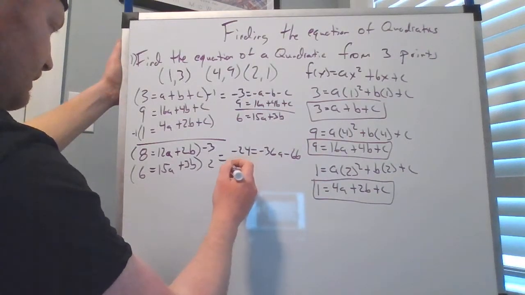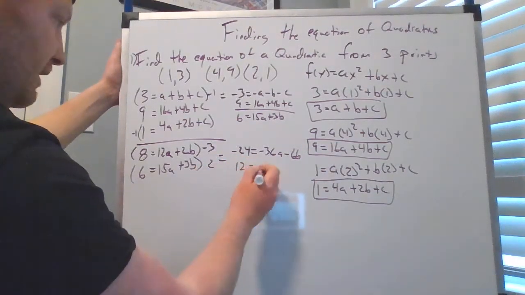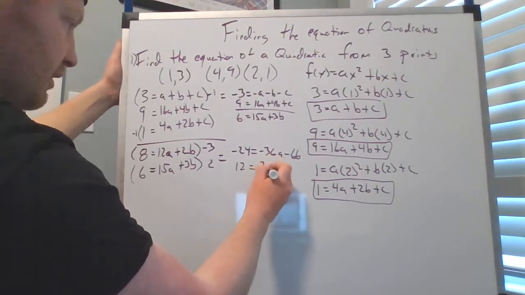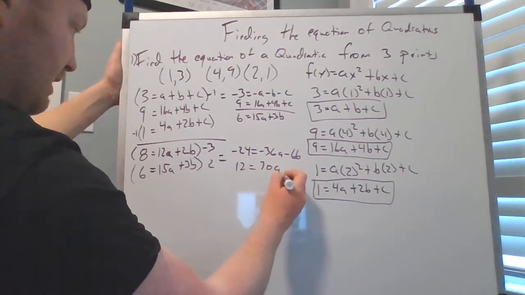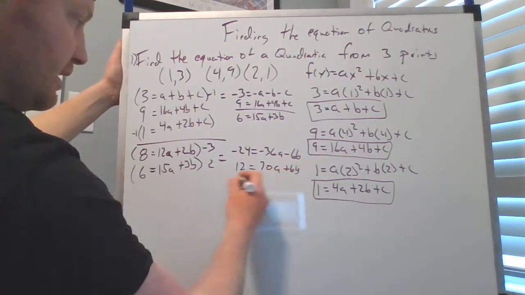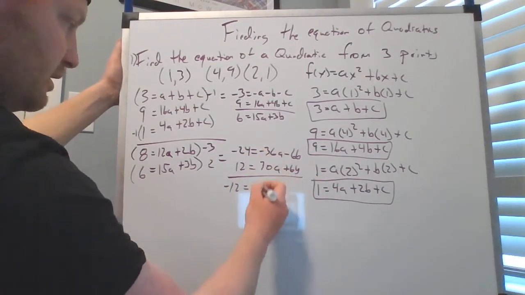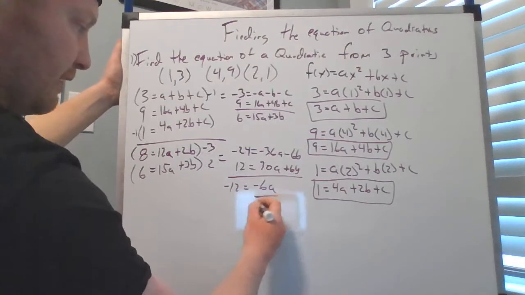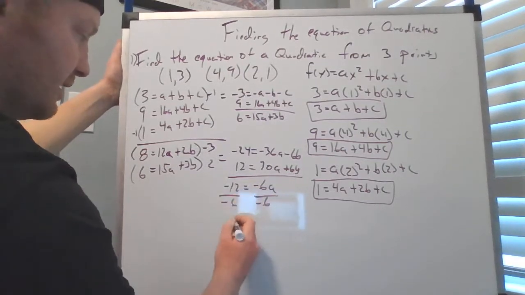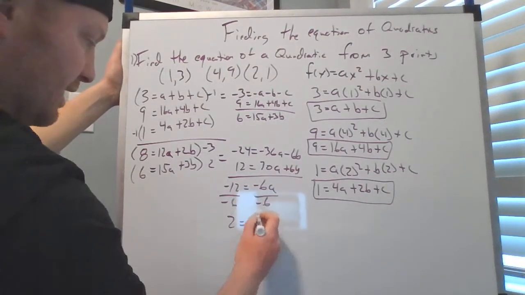Then I get 12 equals 30a plus 6b. Add these up, I get -12 equals -6a. I divide both sides by -6, and I get 2 equals a.